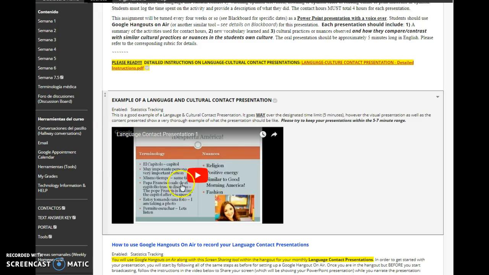I have an example from a semester a while back. Now, keep in mind that this goes way over the designated time limit. Okay. However, the visual presentation as well as the content presented, they show a very thorough example of what the presentation should be like. But you want to keep your presentation around 5 minutes. I would say no longer than 7. Okay.